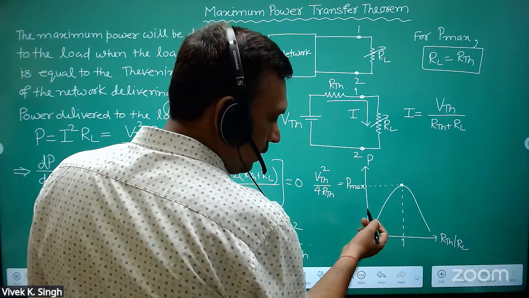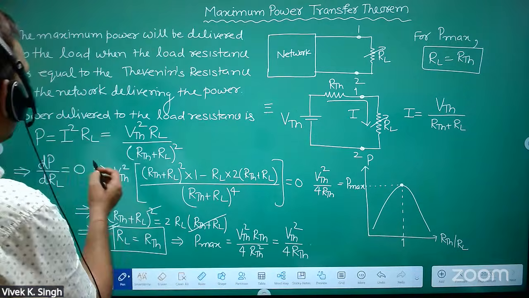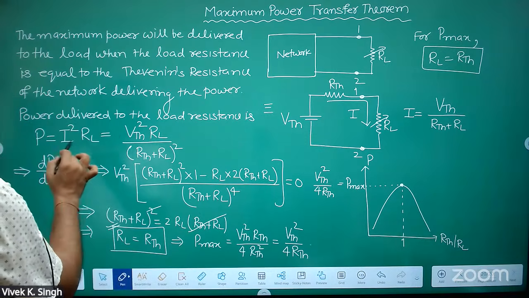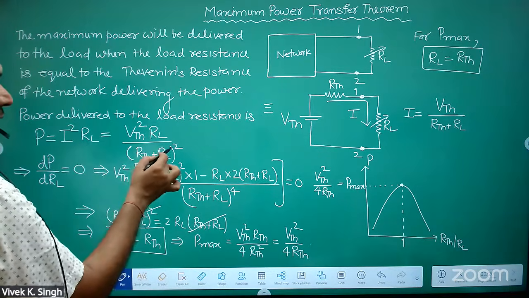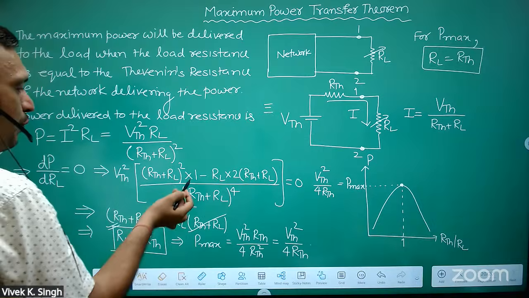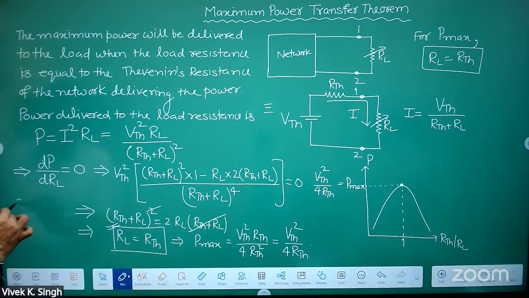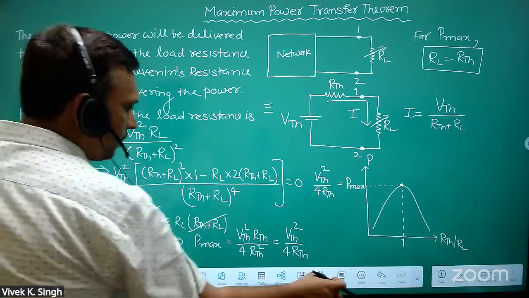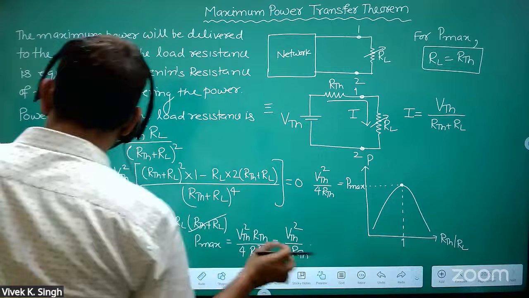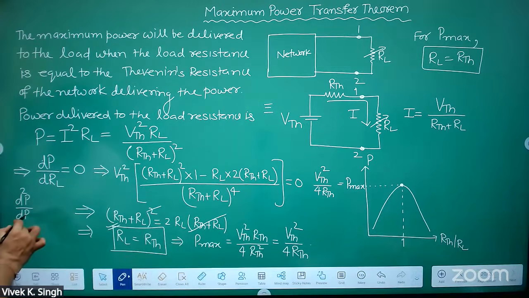I'm telling you, if you plot this, P is what? VTH square RL by RTH plus RL whole square. And for maximum minima, you have to put this to be 0. And if you take the second derivative, this will be negative.